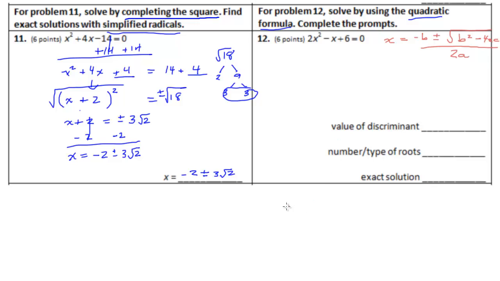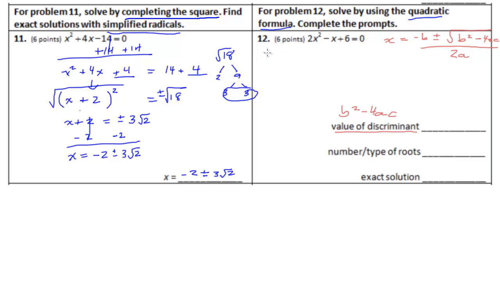So I'm going to do a little work down here. Notice this is asking for the value of the discriminant. The discriminant is b squared minus 4ac. It's just the value that we get by computing what's underneath the radical.